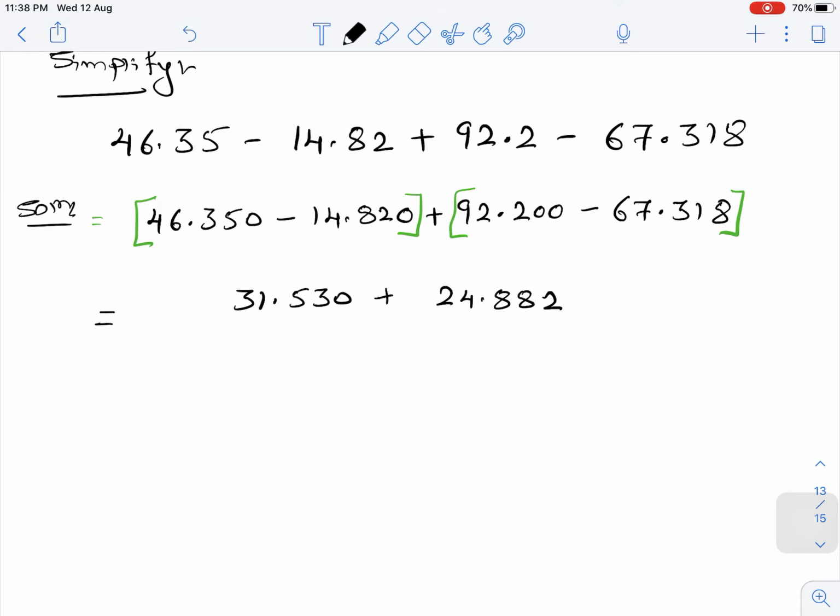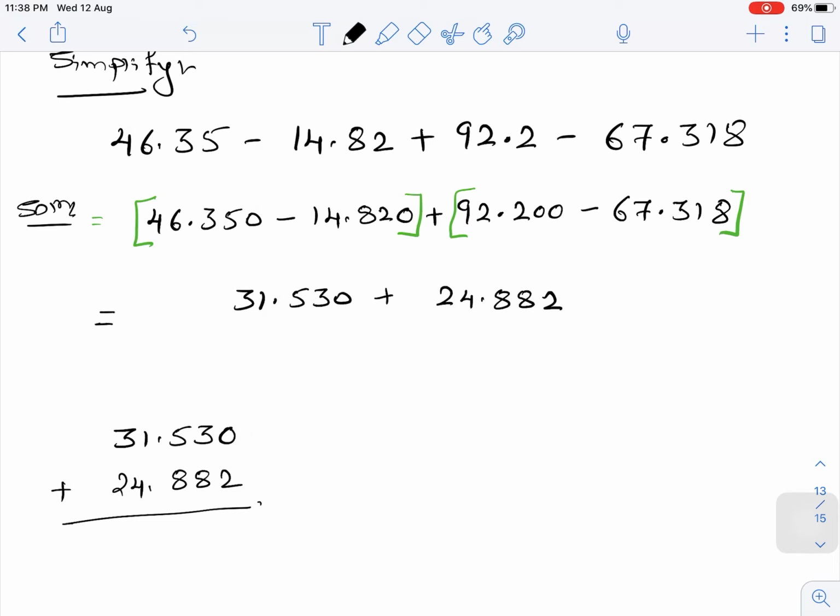Okay, now we are going to add these two numbers. Let us add these two numbers: 31.530 plus the next number we have, 24.882.